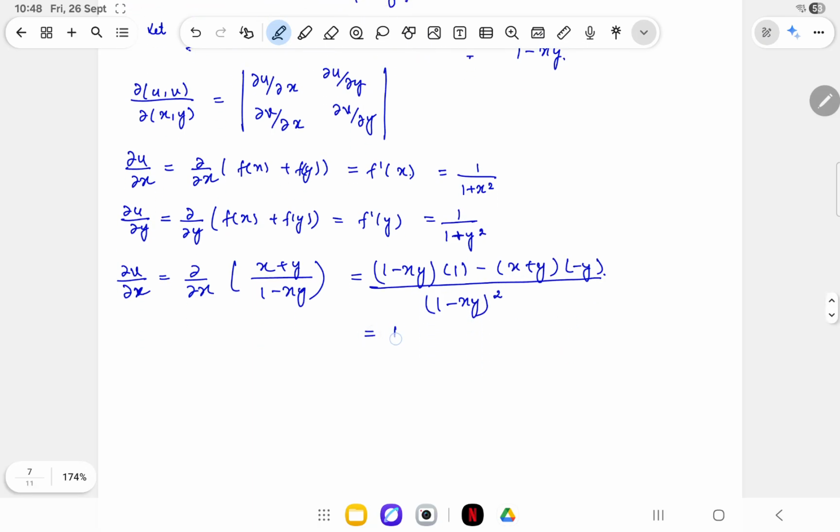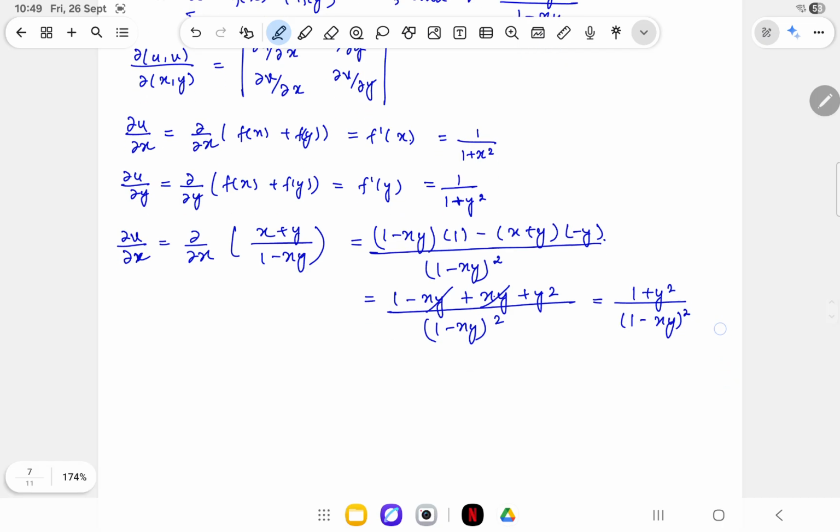This turns out to be 1 minus xy plus xy plus y square divided by 1 minus xy whole square, and these two terms balance out, so we'll be left with 1 plus y square divided by 1 minus xy whole square.